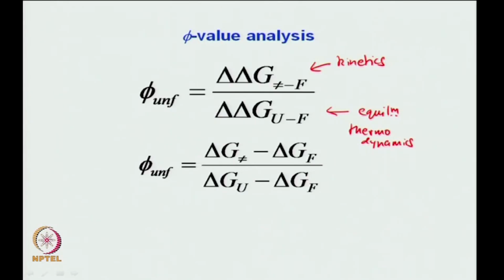Remember, before actually coming to this, the topic we started on was the nucleation condensation model, wasn't it? It was a nucleation condensation model. And if you would try to figure out which amino acid is being involved in the transition state towards the final structure formation, this is something you would be doing.